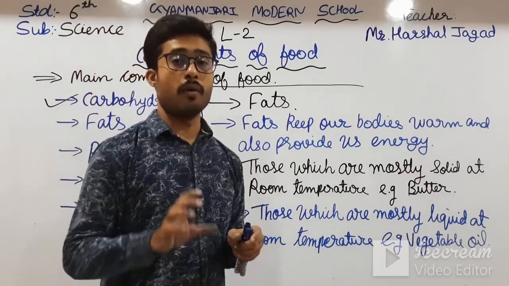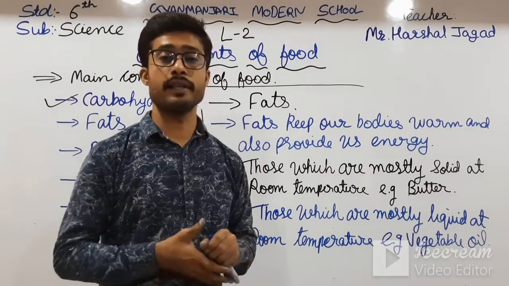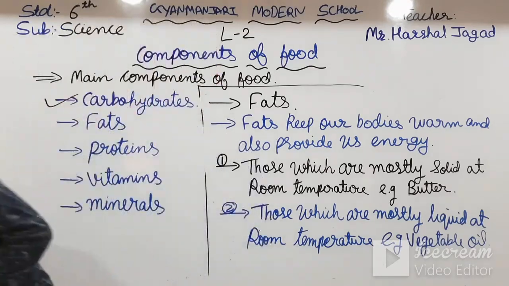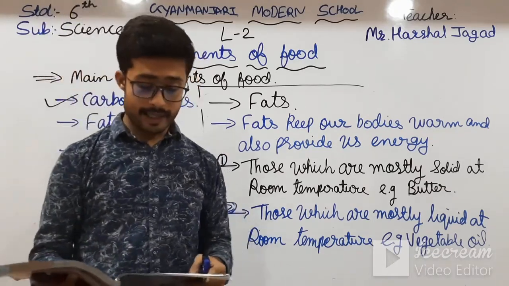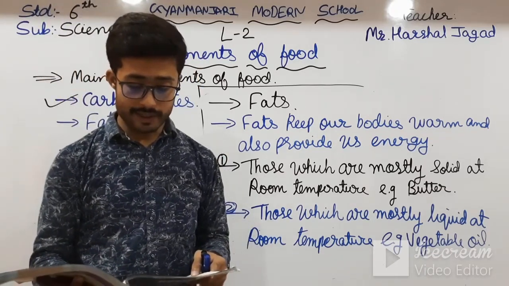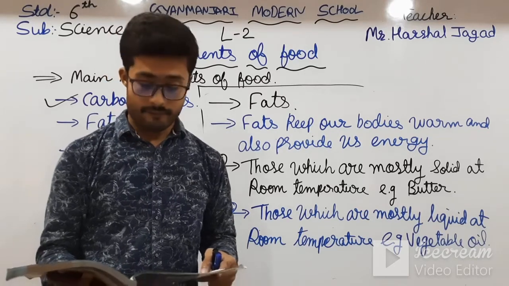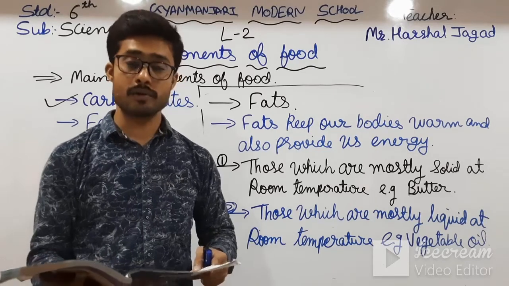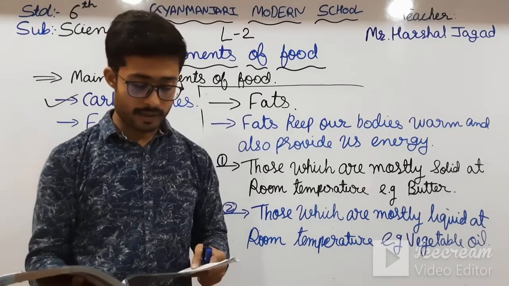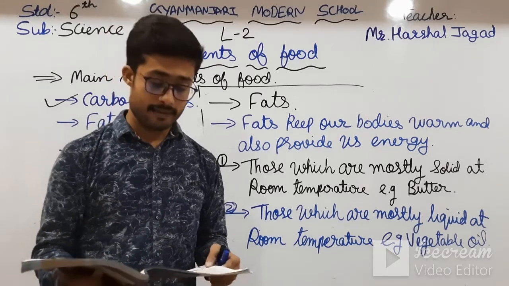Okay students, now we will see the main sources of fat. See here, oil, ghee, nuts, butter, cream and cheese are rich sources of fat. Fats are also present in milk, fish, meat and eggs.